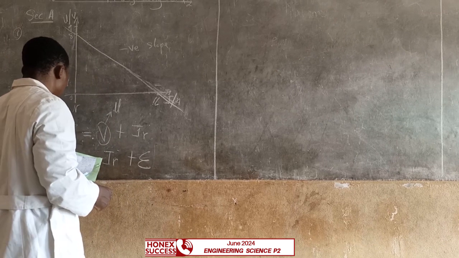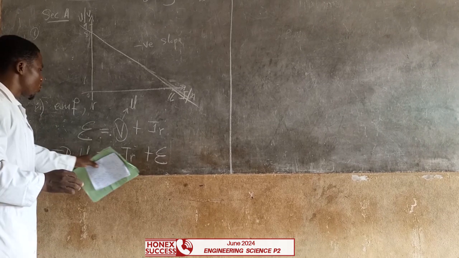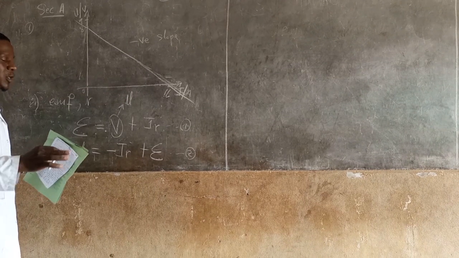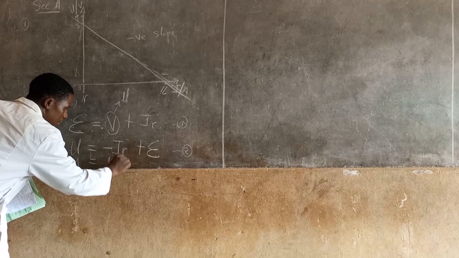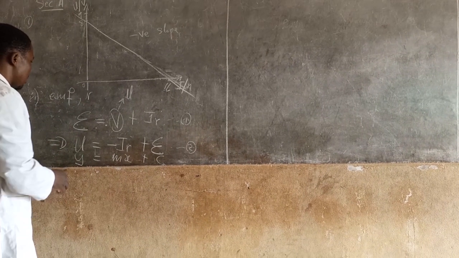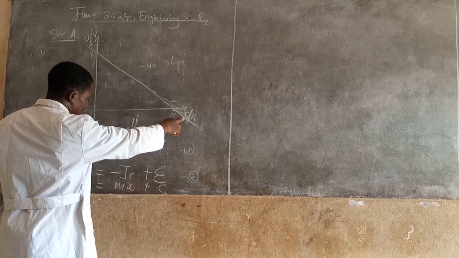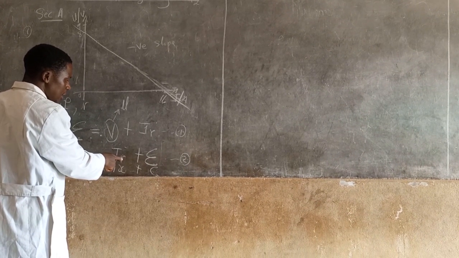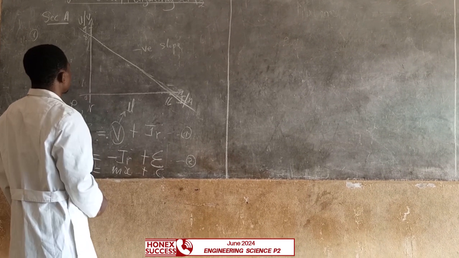The next thing we want to do is compare this equation, which we can call equation 2, to the equation of a straight line, y equals mx plus c. Since the terminal voltage has been plotted against the current, the slope is the negative value of the internal resistance, and the EMF is equal to the intercept.